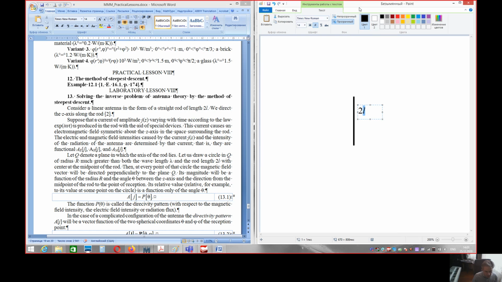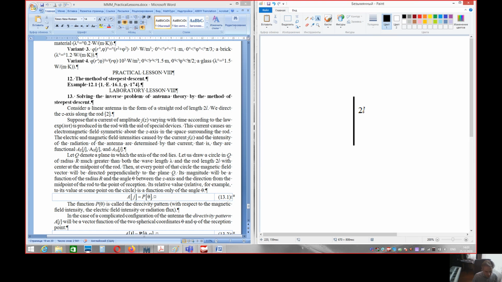So we have the 0 point at the center of this rod. Here we have 0 point.